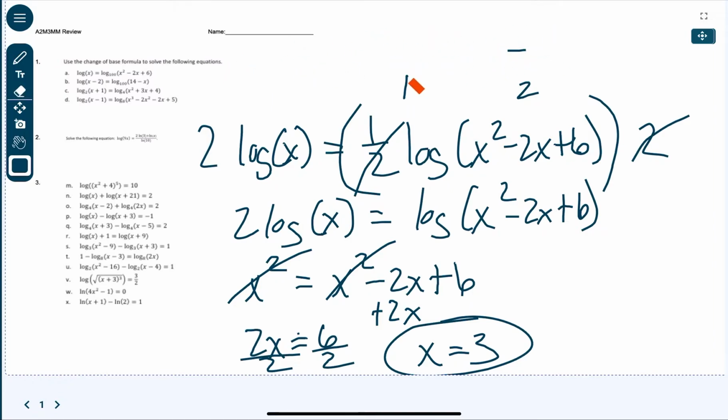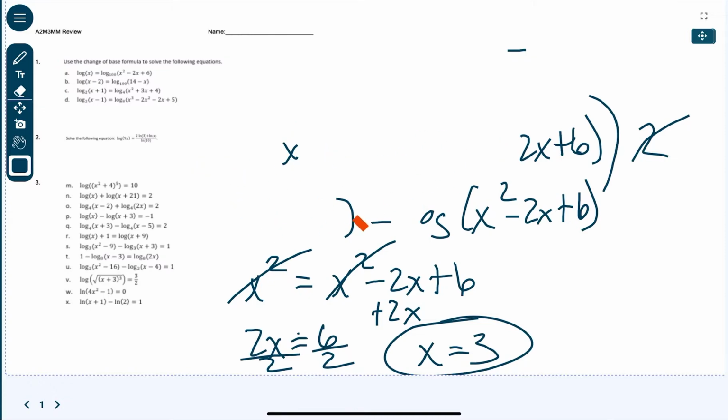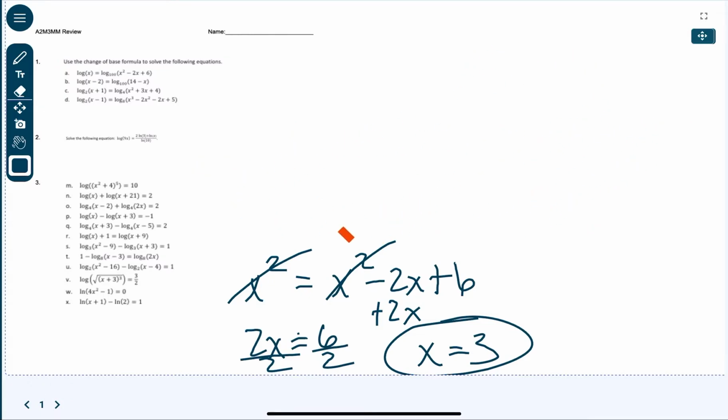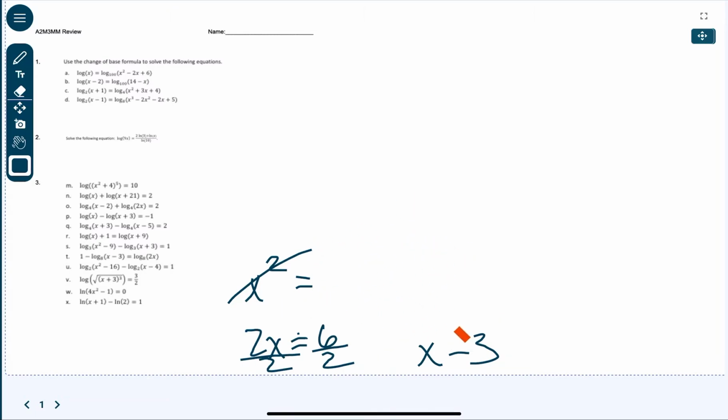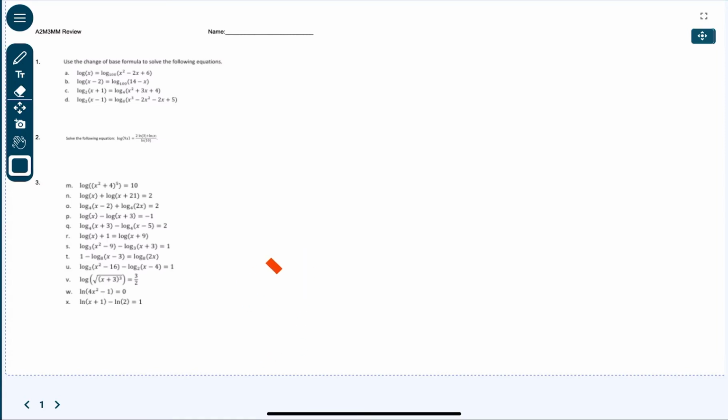Now let's go up here to letter B. And let's work it out. Now we've got a log something on both sides, but we still can't do anything on this left side as far as change of base.